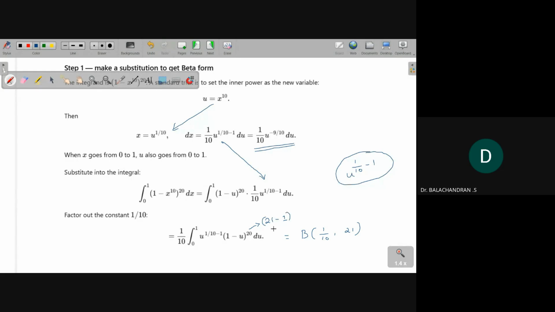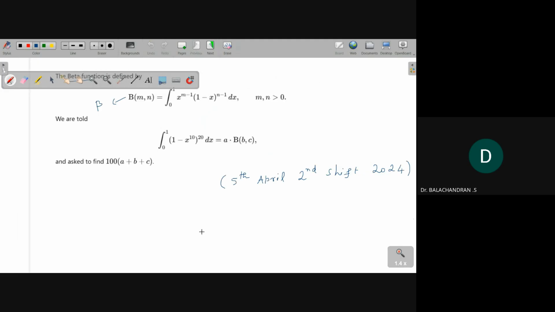You should write like this, and the reason why I am writing like this is because we know the beta function definition.